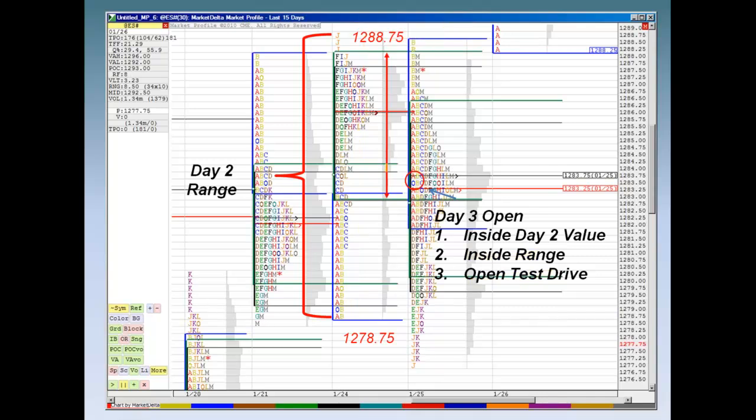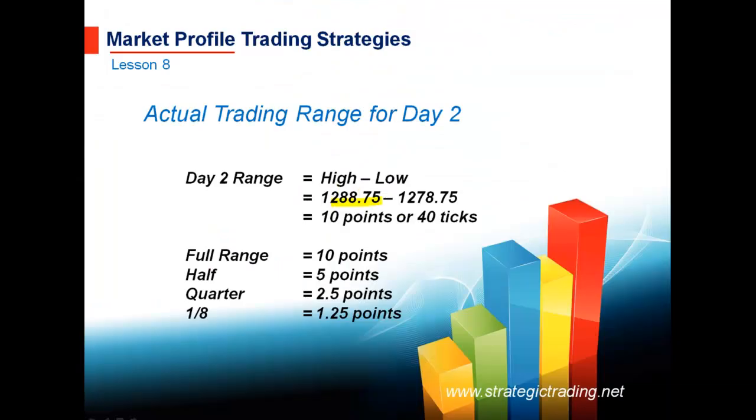And the range is high minus low, so it's 10 points or 40 ticks because there's 4 ticks to each point. But let's go by the points. So full range, 10 points, half a range, 5 points, quarter range, 2.5 points, 1/8 of a range is 1.25 points.